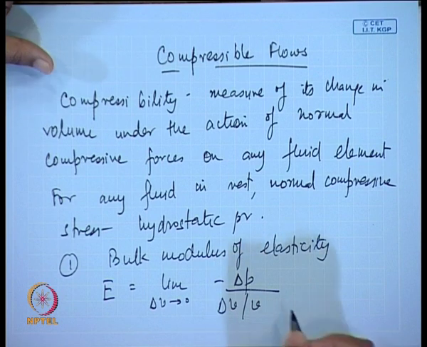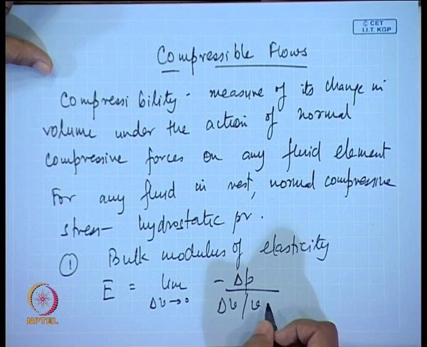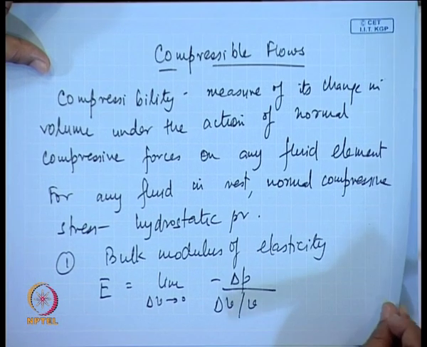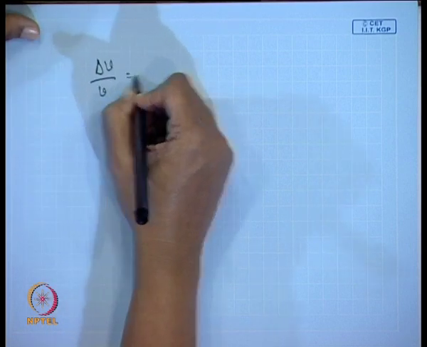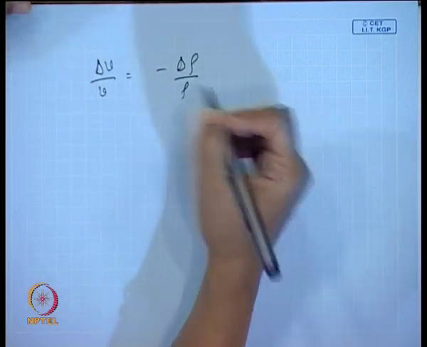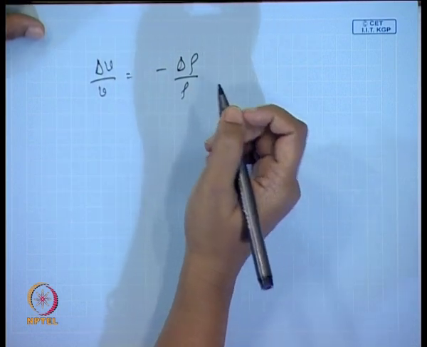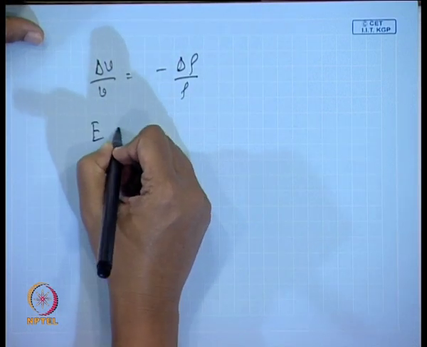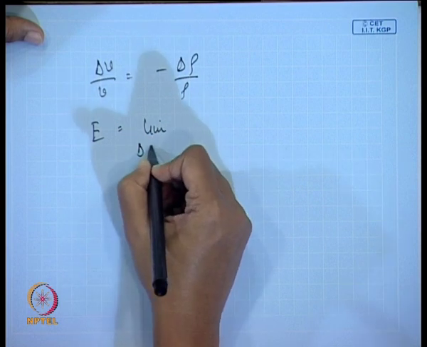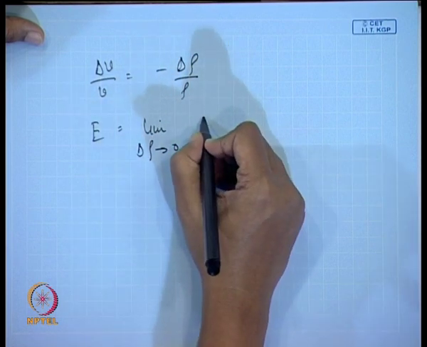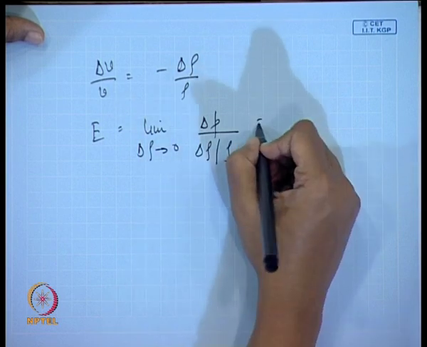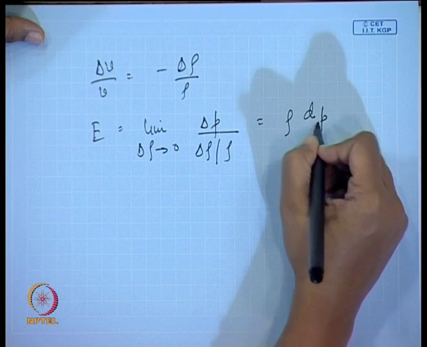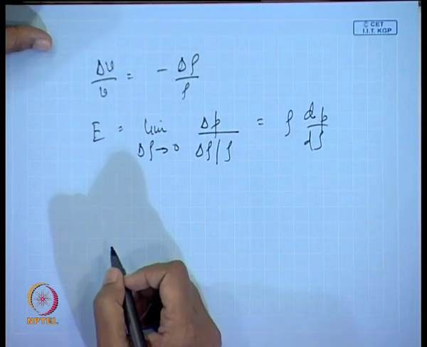The negative sign shows that an increase of pressure causes a decrease in volume. This delta V by V is nothing but minus delta rho by rho, where V is the specific volume and rho is the density. So, we can also write E in terms of density, in other words rho dp by d rho.